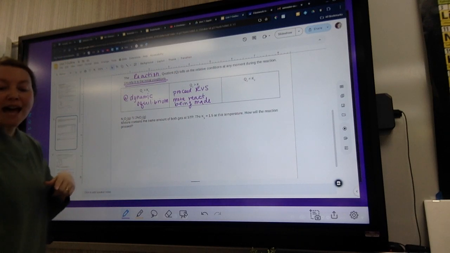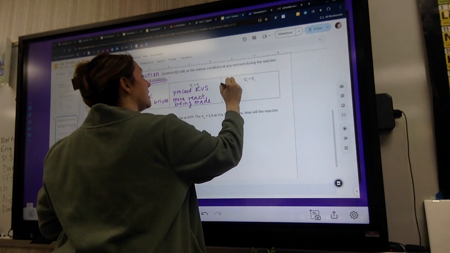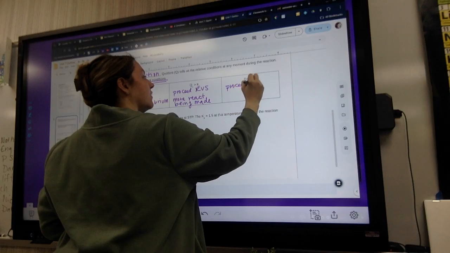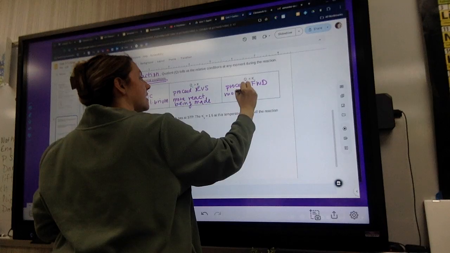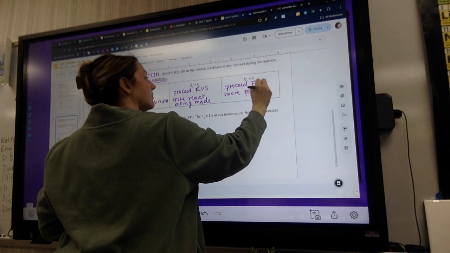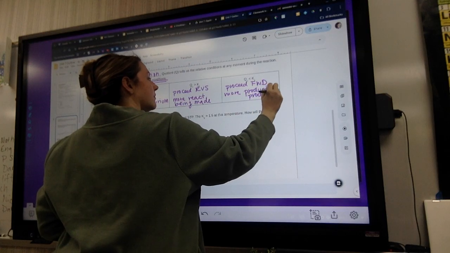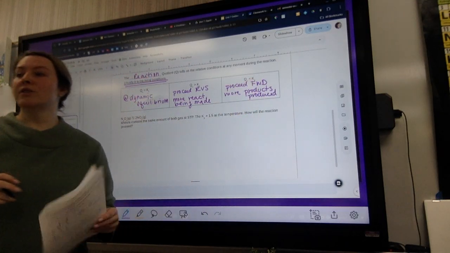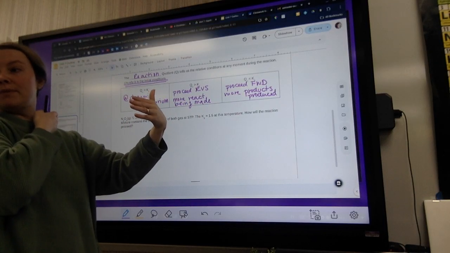Okay, if Q is less than K, it's going to proceed forward, which means more products are going to be made. Q needs to catch up.